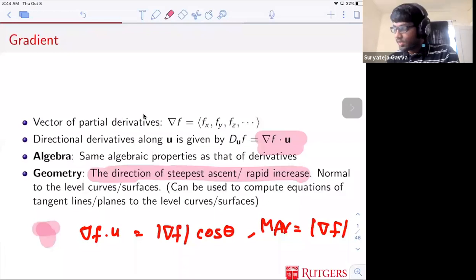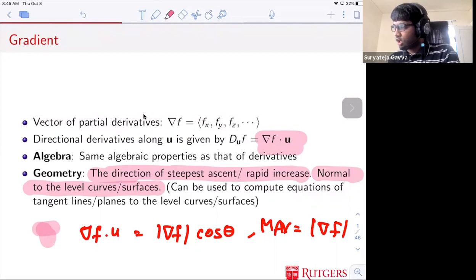Another important property: the function increases the most along the gradient, and perpendicular to the gradient, when cosine theta is 0, it doesn't change. That means the derivative is 0. That's why the gradient vector is perpendicular, or normal, to the level surfaces or level curves.